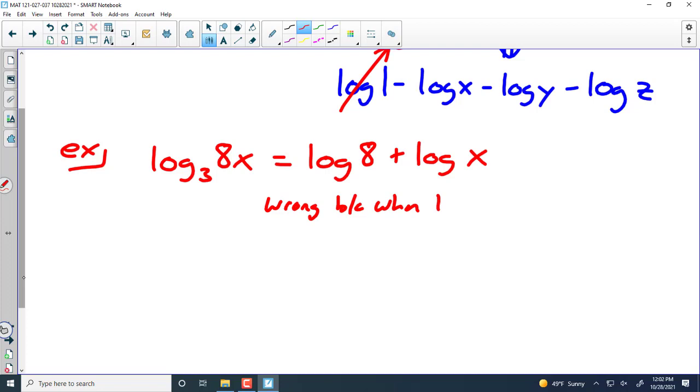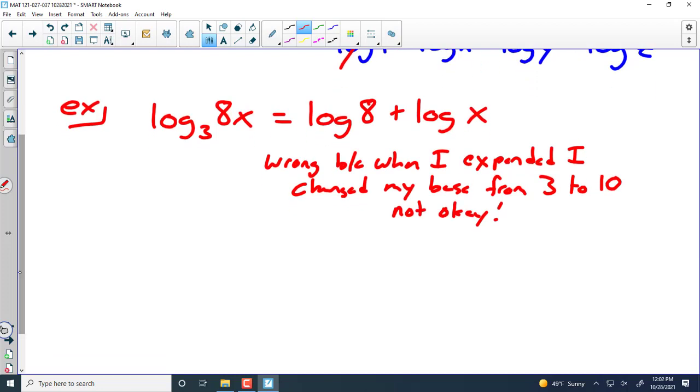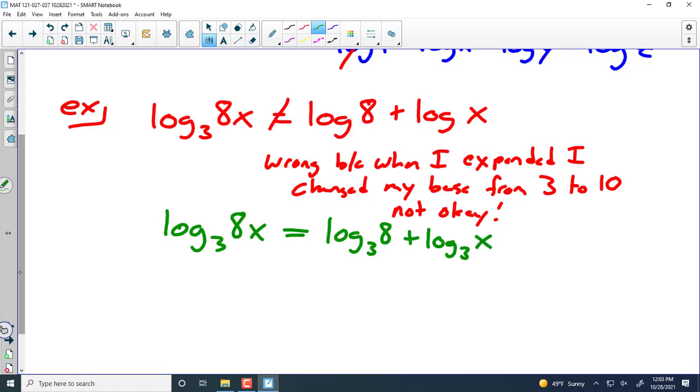Because, good, when I expanded, I changed my base from 3 to 10, and that's not okay. Everyone see how easy it is to lose a base? Because you just want to write LOG and be done with it. But this one had a base of 3, and I needed to keep that 3. So, that one's not okay. This one would be.